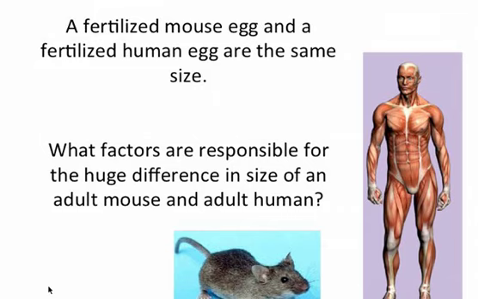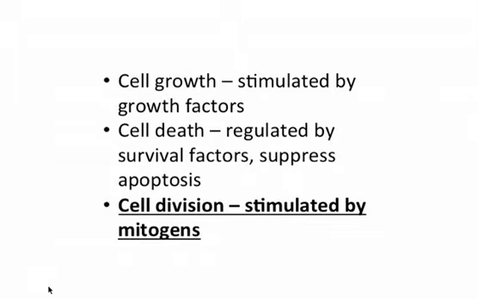What factors are responsible for the huge difference in size of the adult mouse and human? And we talked a little bit about this and came up with these three things: cell growth, cell death, and cell division. Those are what determine the size of the organism in the end. If you have high levels of cell growth, not too much cell death, lots of cell division, you're going to have more cells, right?